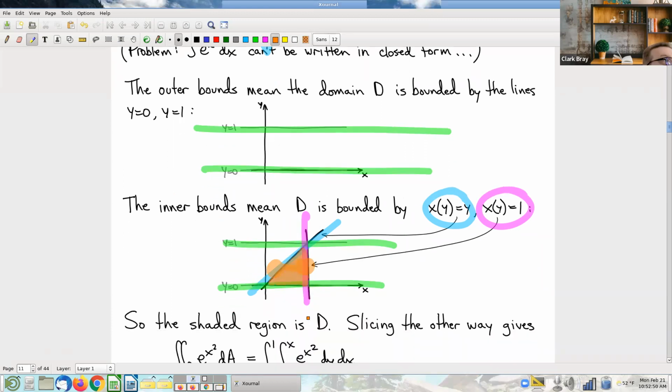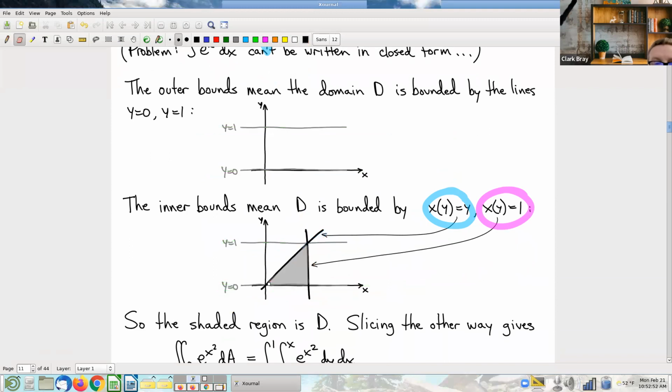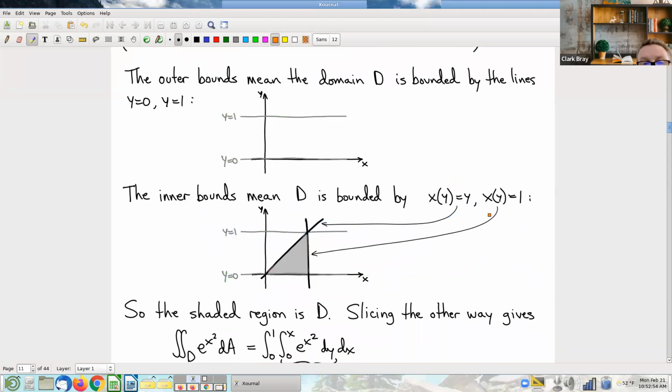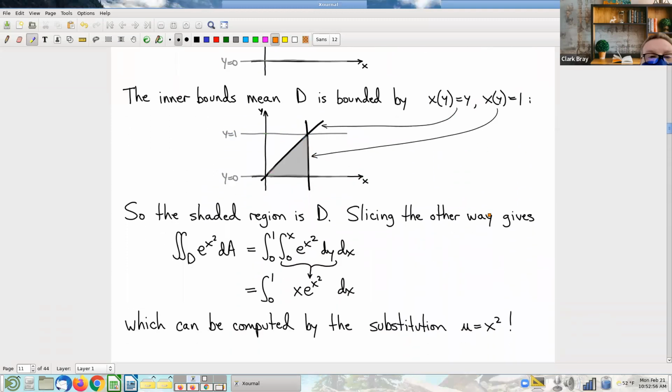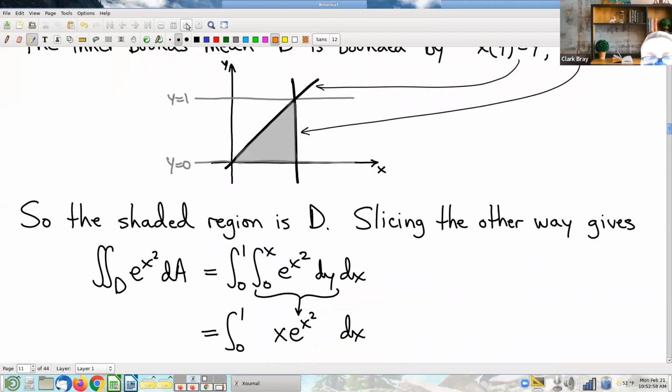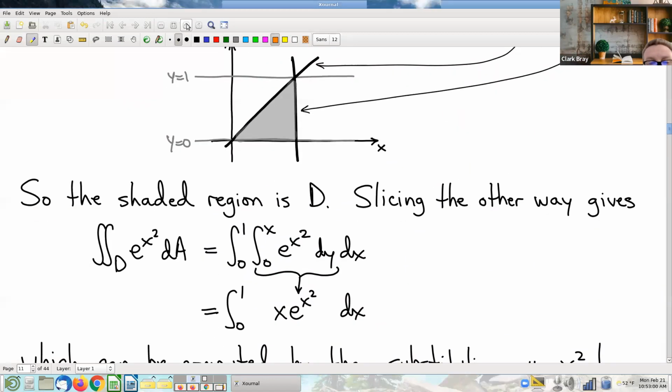Everybody happy with that? Okay. All right, so I know what my double integral is. Now I want to actually slice the other way, see what my other iterated integral option is. And so now I'm going to slice x on the outside. X goes from 0 to 1.